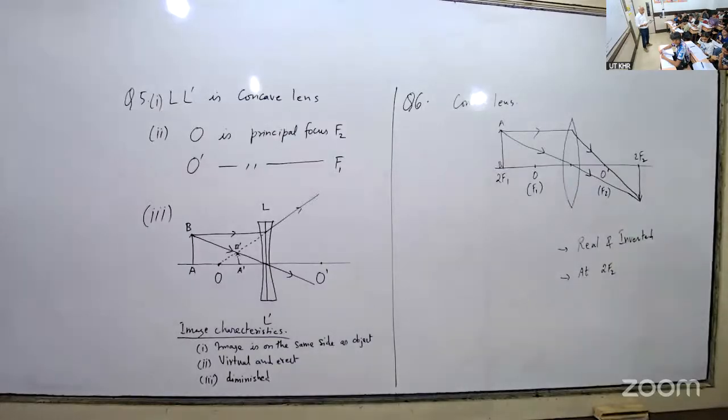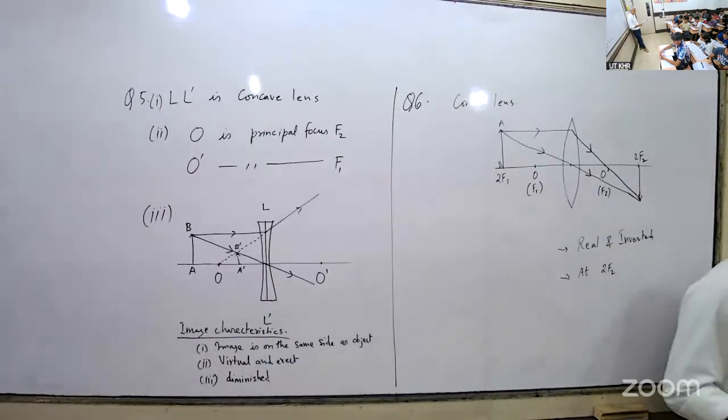And then in question 8, who would like to do it? I want somebody from the girl side. OA is the object, IB is the image.